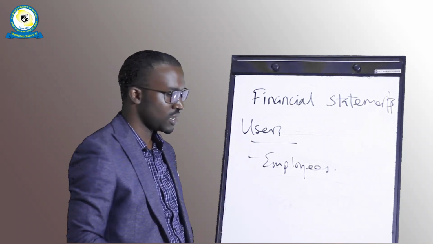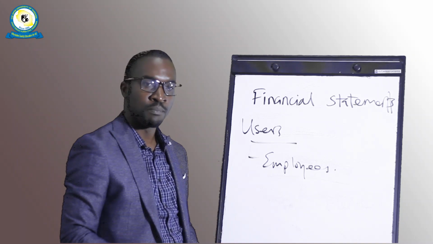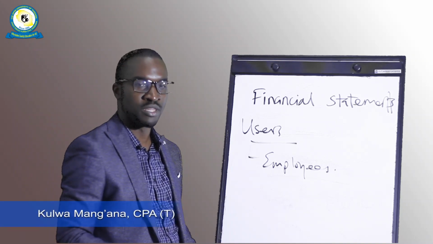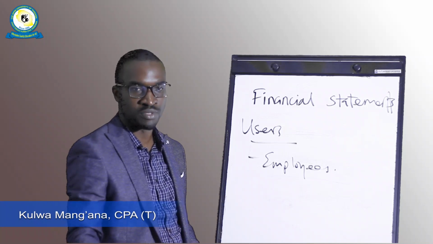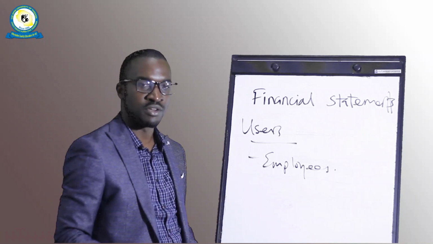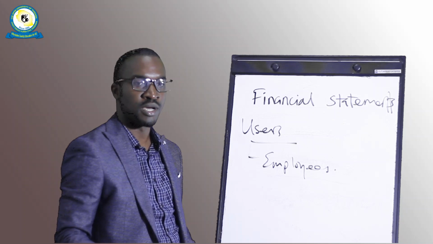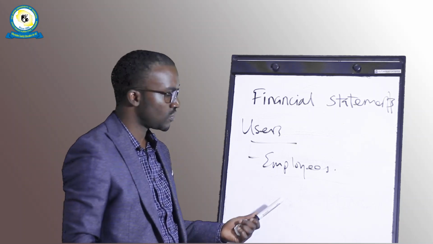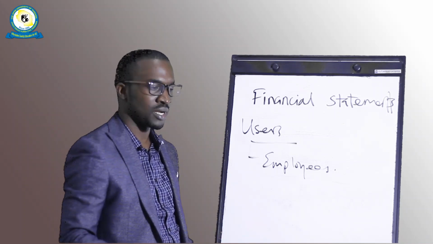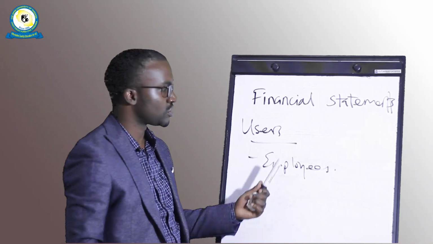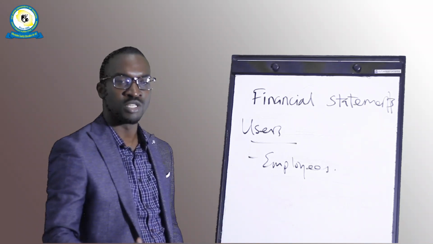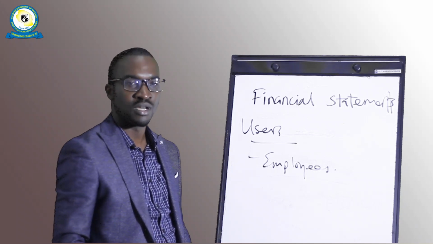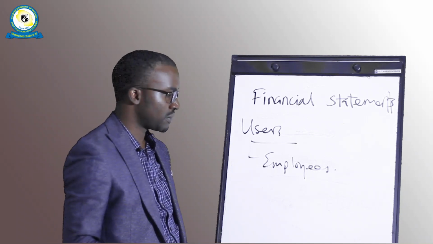They want to see if the company is able to meet their personal dues, for example, if the company is able to pay them salary in the near future, or probably in the forthcoming year. You can even see if the company is performing better or not, so that you can anticipate the going concern, or sometimes even the credibility or liquidity of a company.